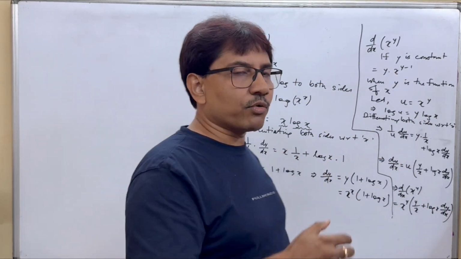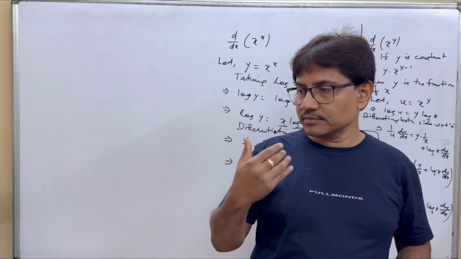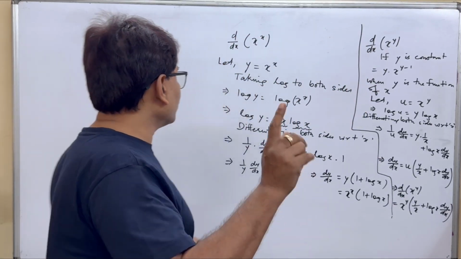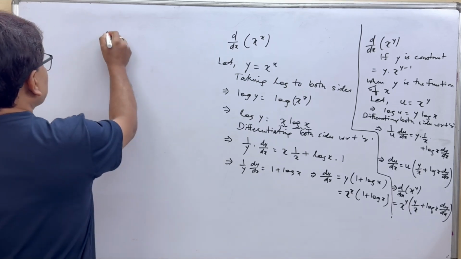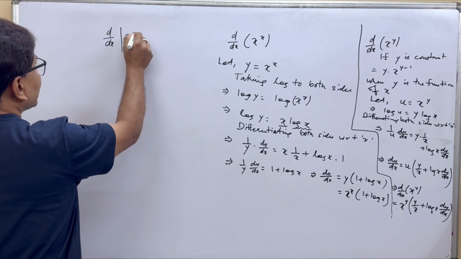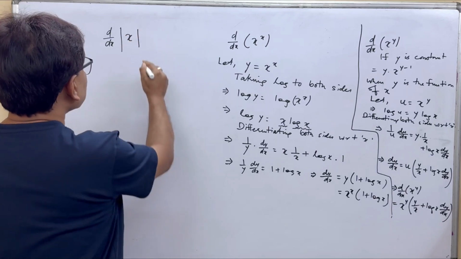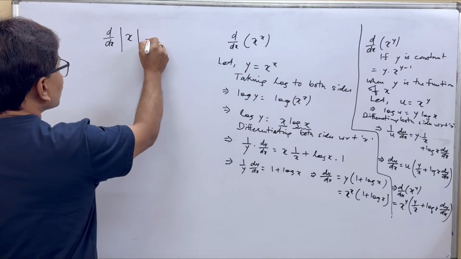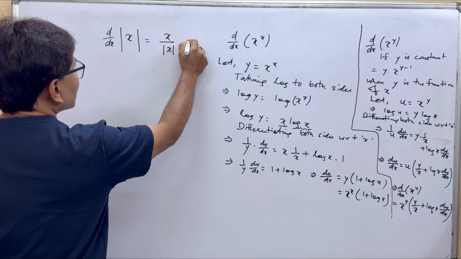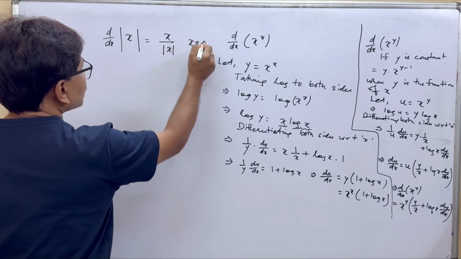And one more important point, if you are preparing for JEE Mains and Advanced, please note this: d/dx of mod of x, always remember, is x by mod x when x is not equal to 0.